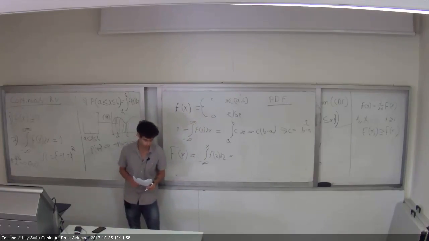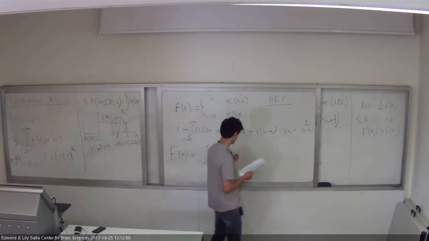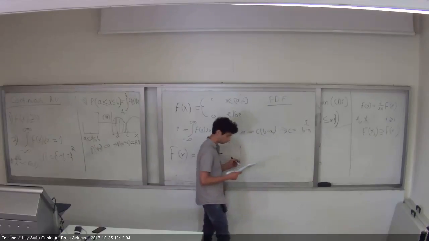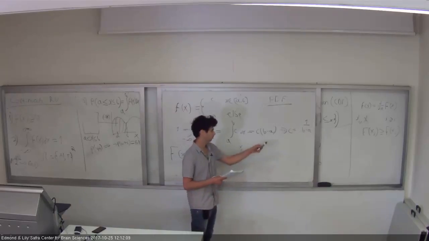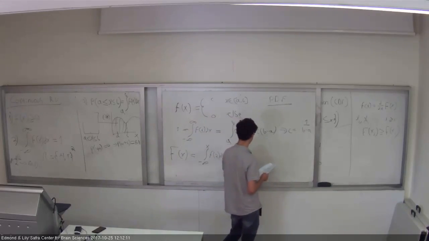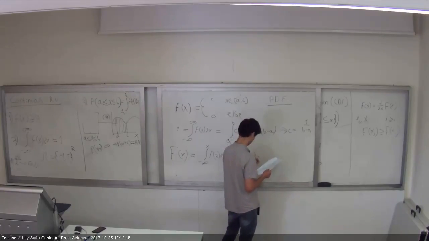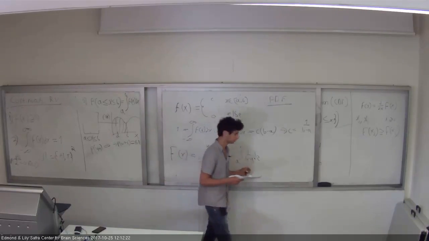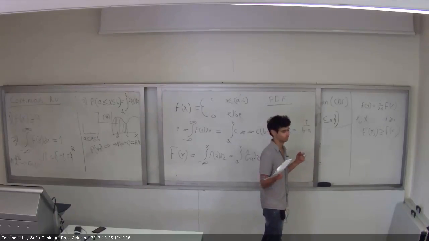Yeah, right. If x is between a and b, this is equal to the integral of 1 over (b minus a) dz.